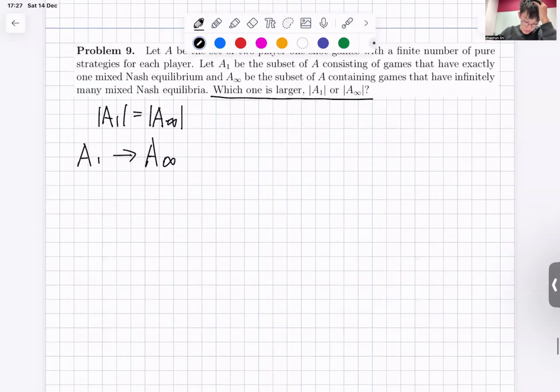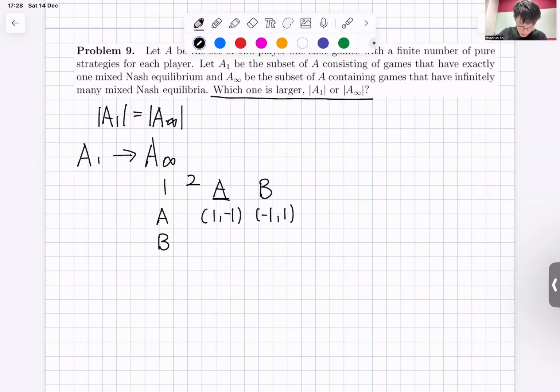So consider the matching pennies game, but instead of heads and tails, I use A and B to represent the strategies. So this is for player 1, and this is for player 2. When they both have A, the payoff is like this.